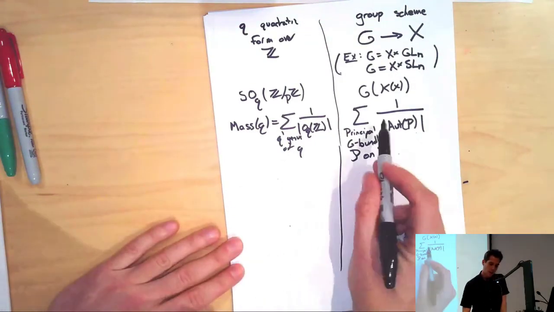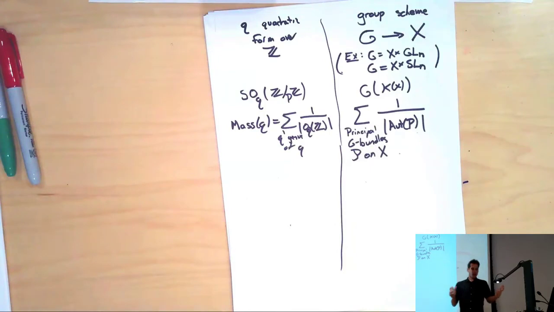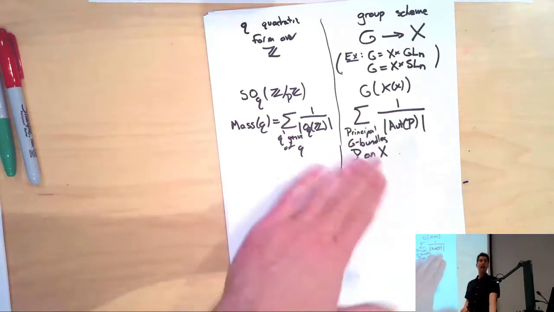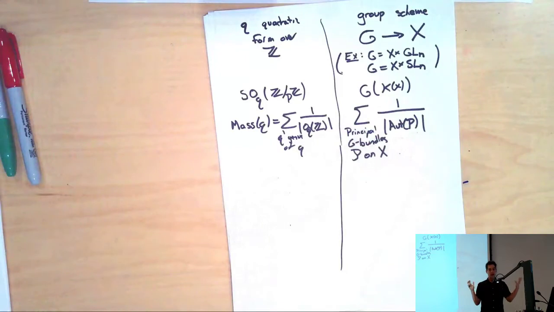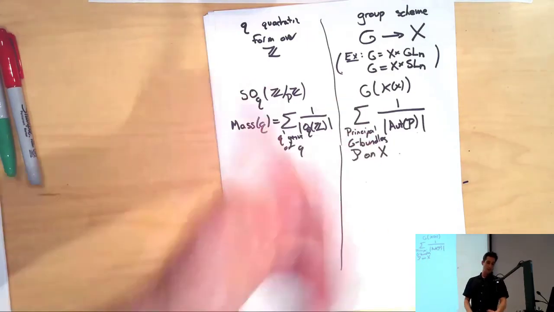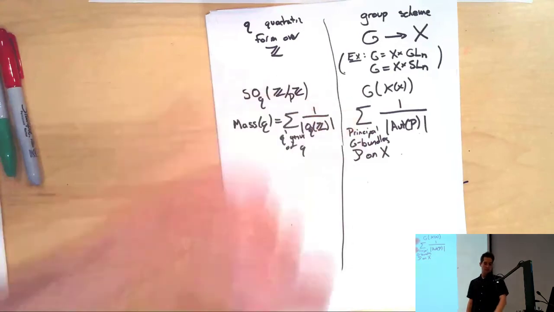So this sum that appears over all principal G-bundles is now an infinite sum. Up to isomorphism, there are infinitely many principal G-bundles, but part of the story is the assertion that this sum is actually finite. Even though it involves infinitely many terms, as you start listing the G-bundles out, you find that they have larger and larger symmetry groups, and that symmetry groups grow fast enough for this sum to be finite.